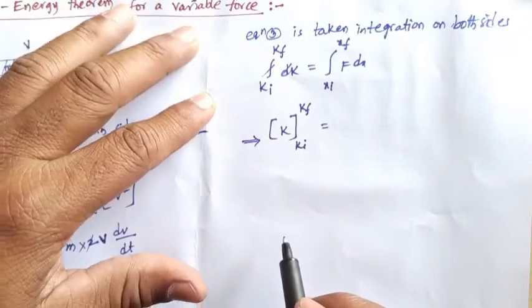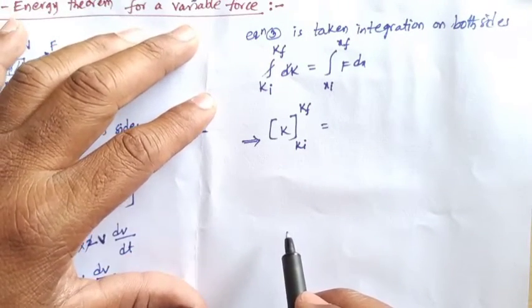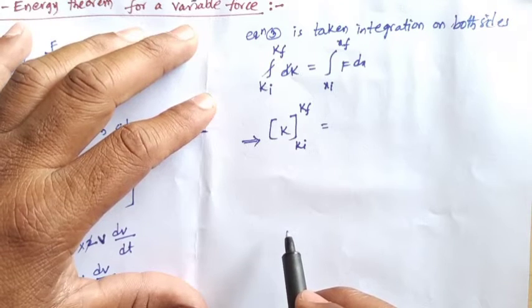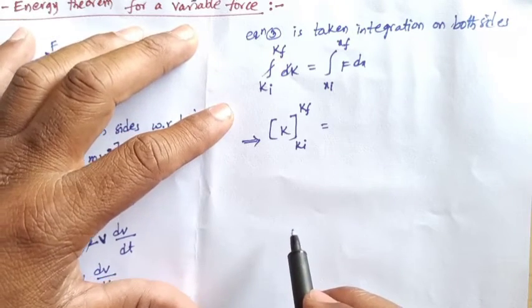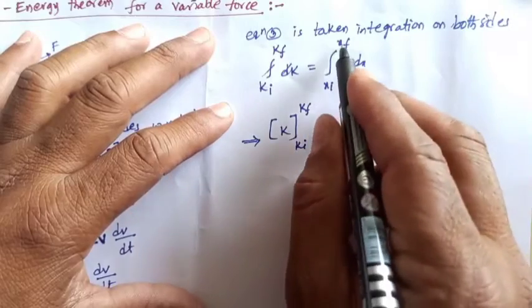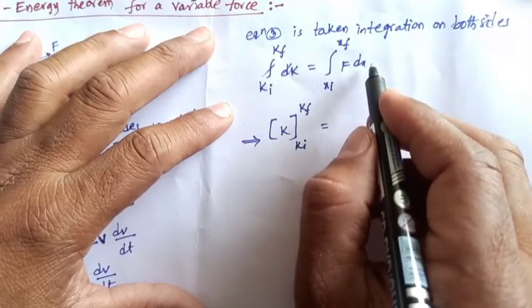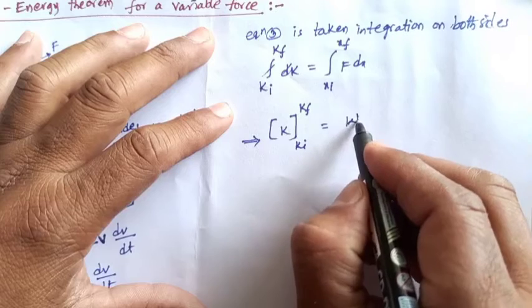Already we have discussed that the work done for the variable force is integration from xi to xf of F(x) dx, the total work done on the body.